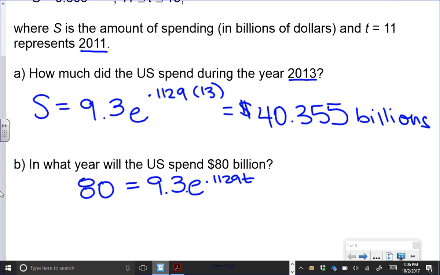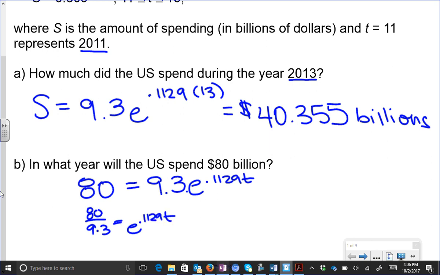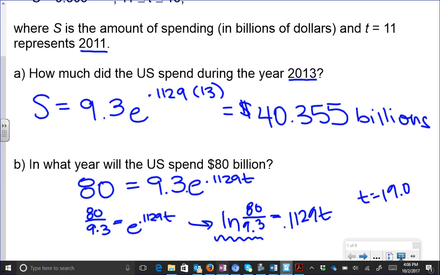What we're going to have to do is divide over the 9.3. Then you're going to have to rewrite it as a logarithm. So you should have the natural log of 80 divided by 9.3 equals 0.1129t. You can type this into your calculator, divide by 0.1129 to get t is 19.06.